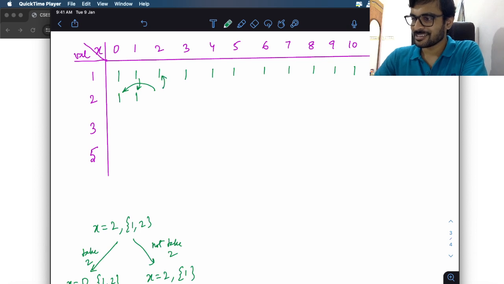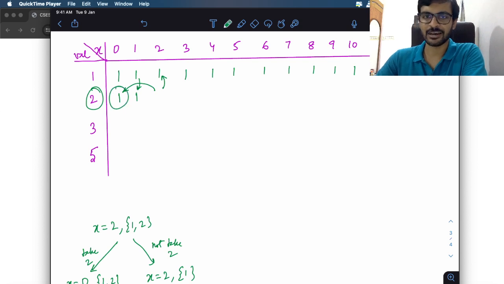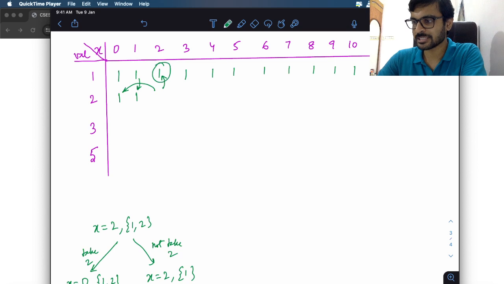So you have one way of not taking this 2 and still ending up at the x, and you have one way of taking the 2 and getting the other part using up to 2. So basically this 1 plus this 1 gives you 2. Similarly, for each one of them, we will get it as the sum of this and the left, x minus 2. So 1 plus 1, 2 over here, then maybe 1 plus 2, 3 over here.